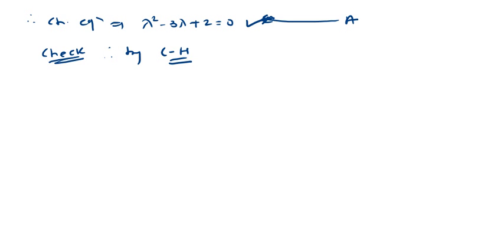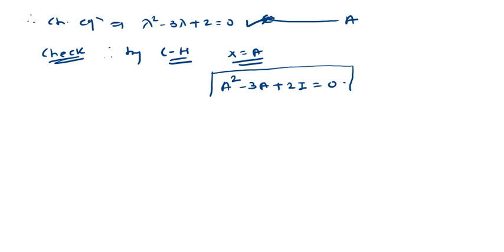This means if I put lambda equal to A in the characteristic equation, then this should happen: A square minus 3A plus 2I is equal to 0. Here I write 2 into I, where I is the identity matrix. Then only we say that the Cayley-Hamilton theorem is verified. So we need to prove this equation.